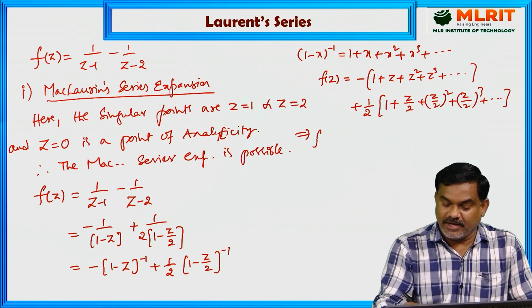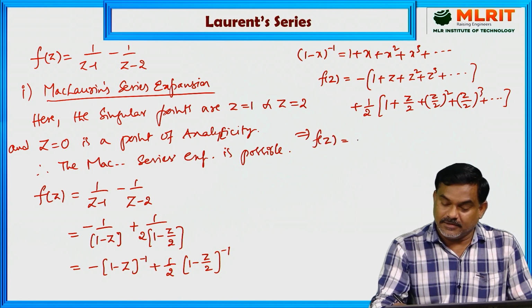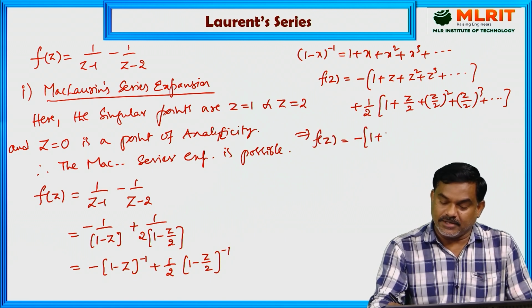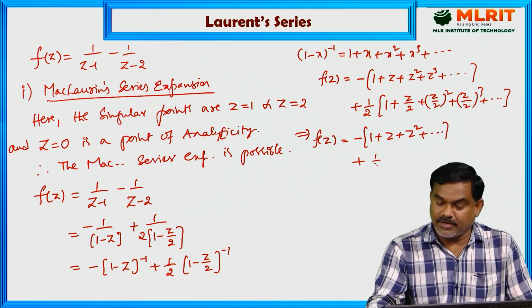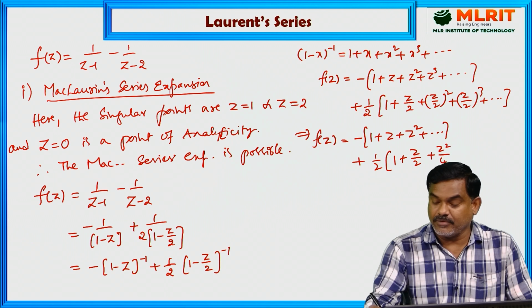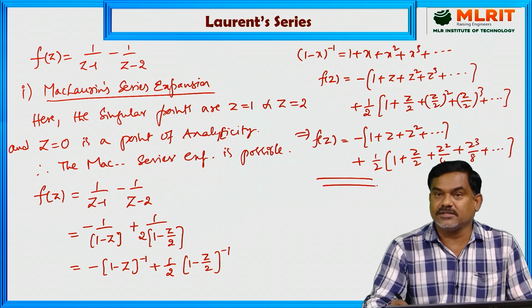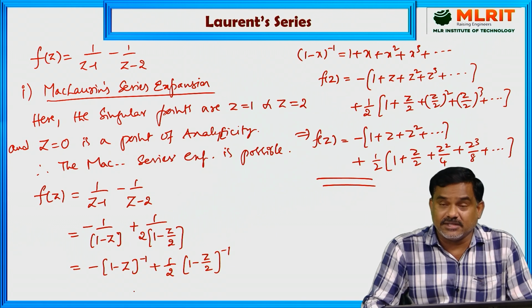Hence f of z is minus of 1 plus z plus z square plus so on, plus 1 by 2 into 1 plus z by 2 plus z square by 4 plus z cube by 8 plus so on. So this is the Maclaurin series expansion of the given function.